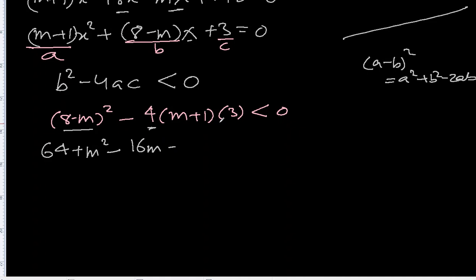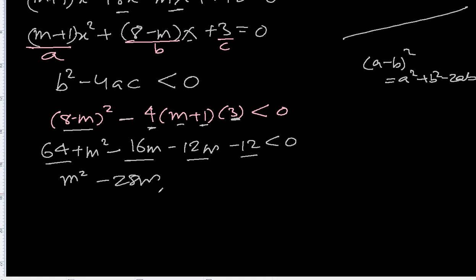Minus 4 times 3 is 12, and 12 times m will be 12m, and 12 times 1 will be 12, but because of this minus it will become negative 12. And now we get a clearer quadratic inequality. M square, and this becomes minus 28m, and 64 minus 12 will be 52.